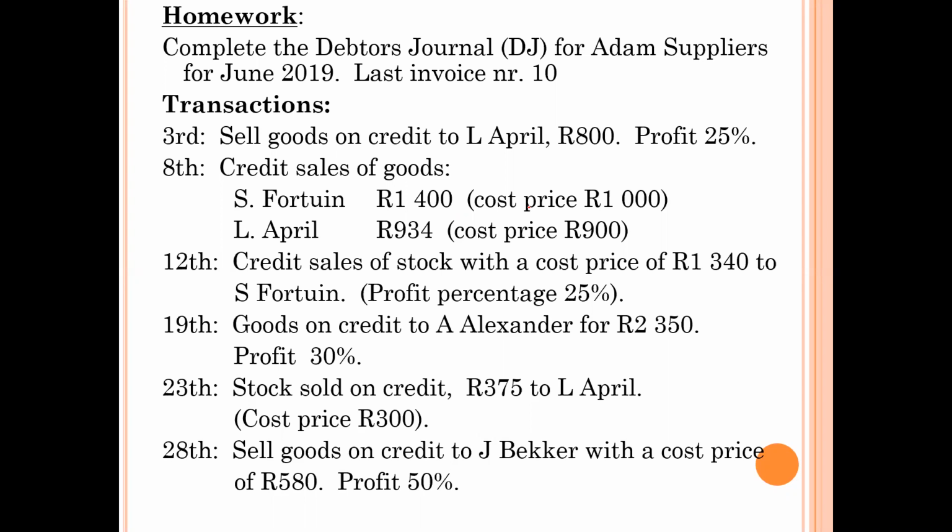On the 23rd, I give you the cost price there. And on the 28th, 50%. So basically, from the 3rd up to the 12th, it's 25%. The 19th is 30%, and on the 28th, it is 50%. It is there in the transactions.